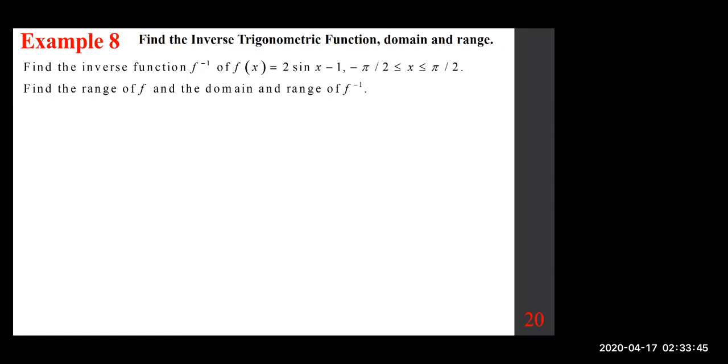I want to show you the process of finding the inverse as we've done it before. In order to make life easier, first we give it the name y instead of f of x. Everybody remembers that? Okay. So that's the first thing I want you to pay attention to.